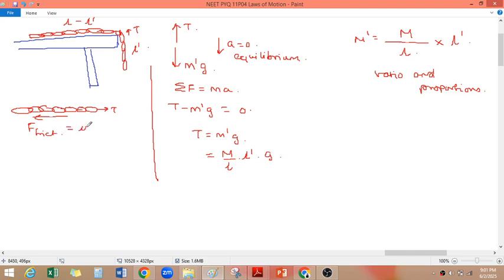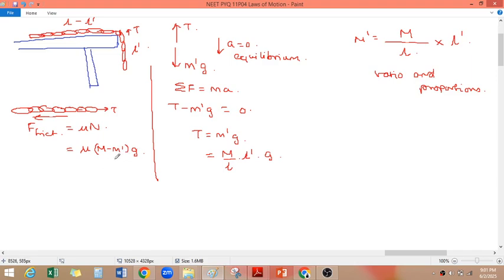Friction is equal to mu into N. Remember it's not mg, it is only this part of the mass, which means it's going to be m minus m dash. So instead of mg, it will be m minus m dash into g. Why? Because this is m dash and this is m minus m dash.